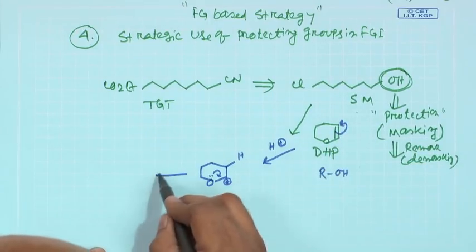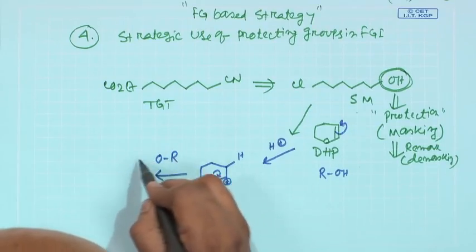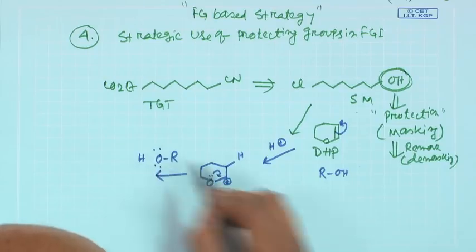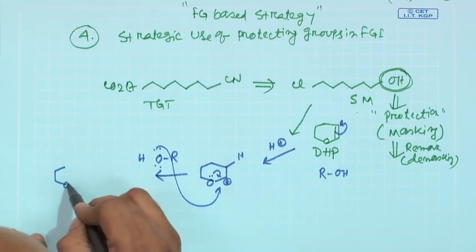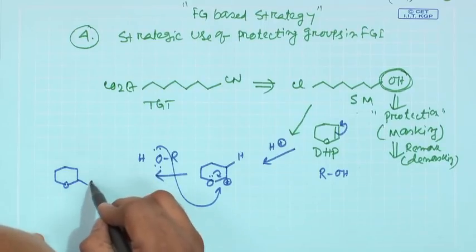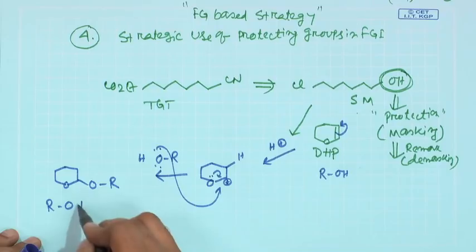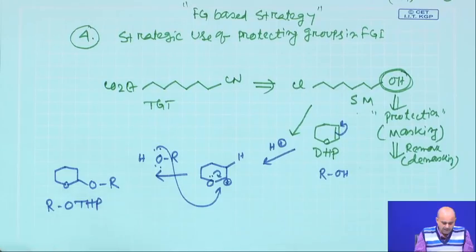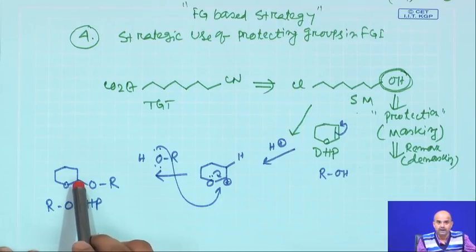Now, this positive charge is quenched by the oxygen lone pair of the alcohol. The alcohol is now protected as its tetrahydropyranyl ether, called ROTHP. So, dihydropyran has now protected it. This compound is basically a cyclic acetal.